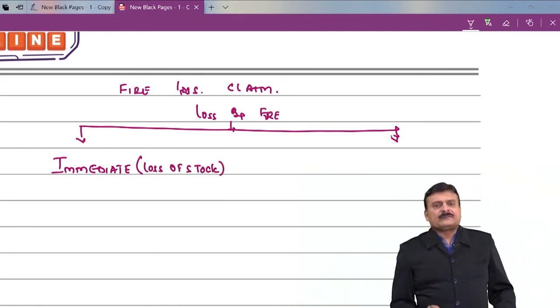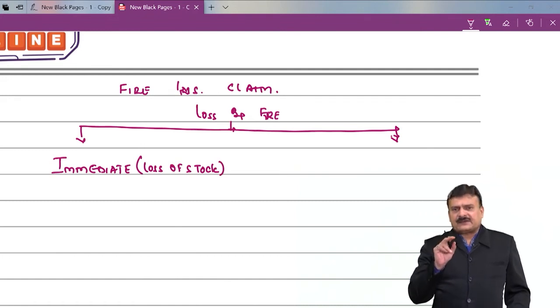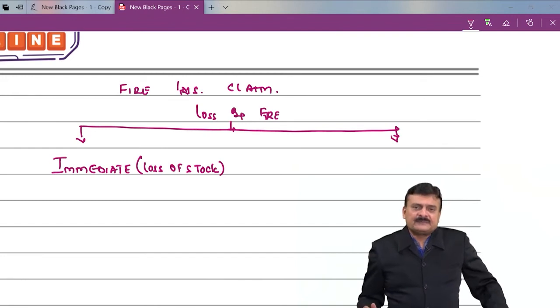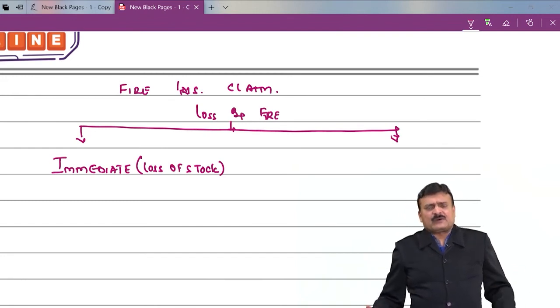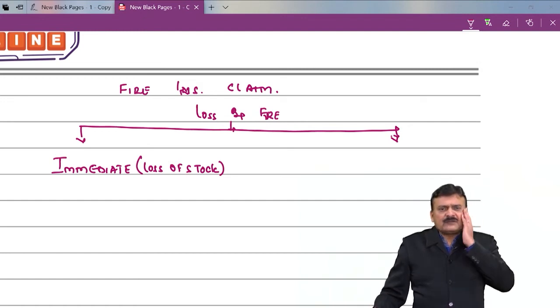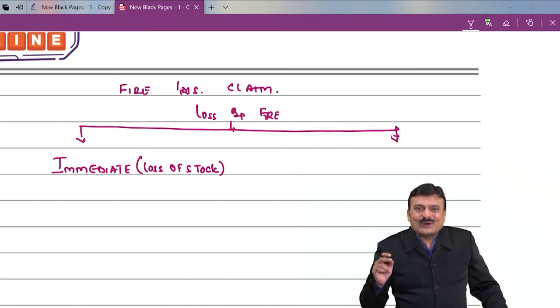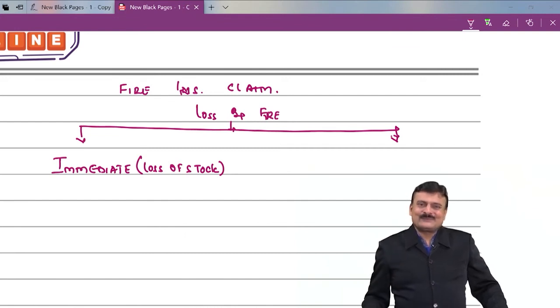Second loss. Students, because of fire, the businessman's shop will remain closed for renovation work and all those things. Say for example, for 1 month the shop remained closed. So if the shop is closed for 1 month, his sales will be zero.